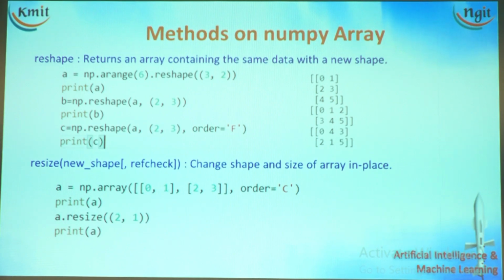What is reshape? It returns an array containing the same data with a new shape. But if you really want to change the entire shape and the size, then you have to go for resize. Clear, everybody? When to use reshape, when to use resize, when to use flatten, when to use ravel.